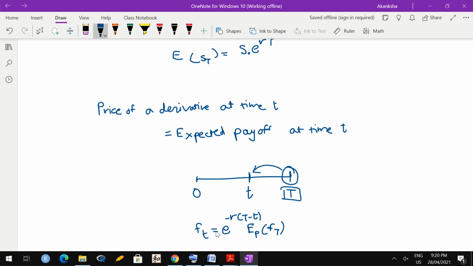Real world probabilities may be anything. Risk neutral probabilities were computed by making the portfolio riskless. So we derived the value of P, and then that P was taken as the probability of going up, and 1 minus P became the probability of going down. This is how we computed the expected payoff, and we also discounted it back. So this is exactly similar to what we did in the binomial tree model.